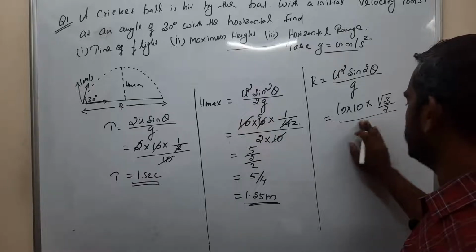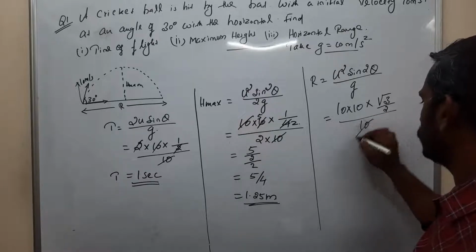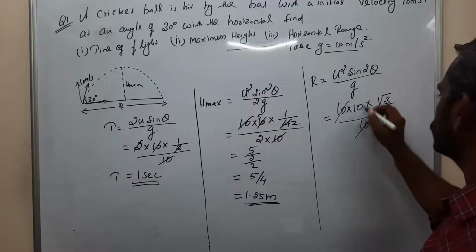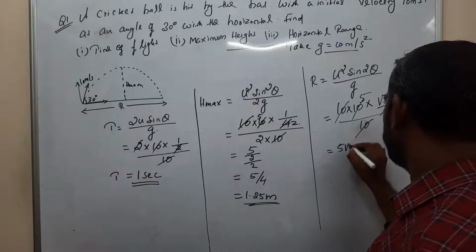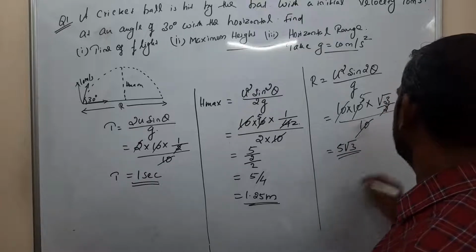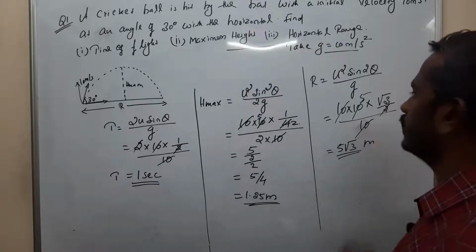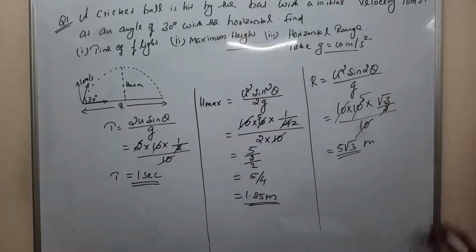So divided by 10, so 10 gets cancelled. So 5 times root 3, that's equal to 5 root 3 meter. That is the answer, the horizontal range.